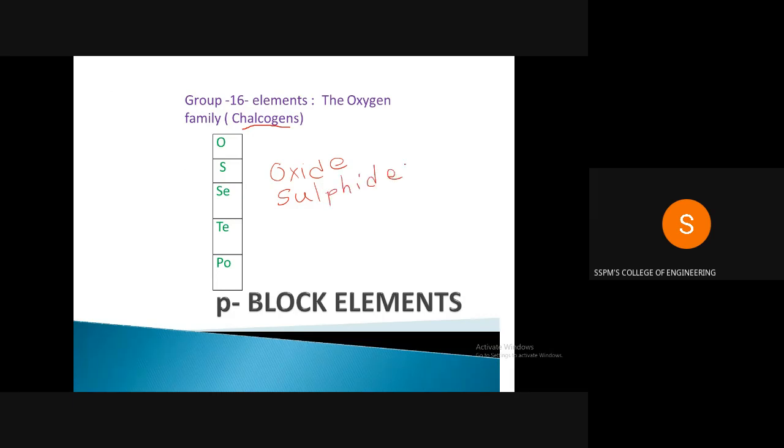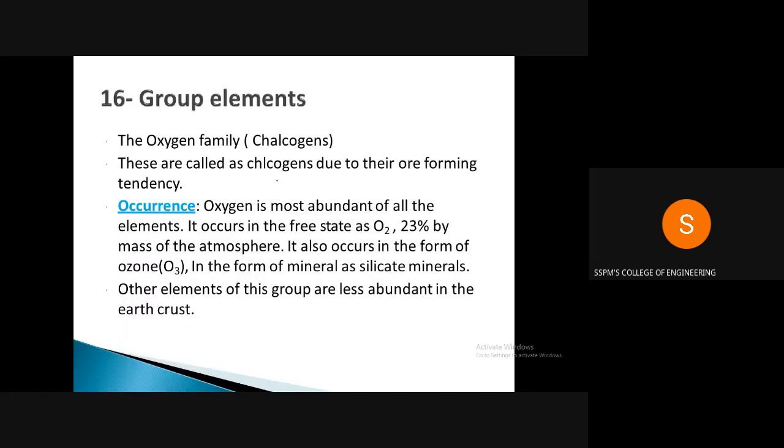So they form an ore. Hence it is called chalcogen. Why are oxygen family elements called chalcogens? Because when they react with any other element to form oxide, sulfide, ores are formed. So these are called chalcogens due to their ore forming tendency.